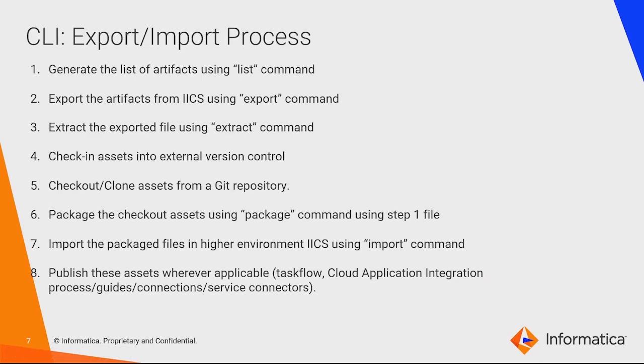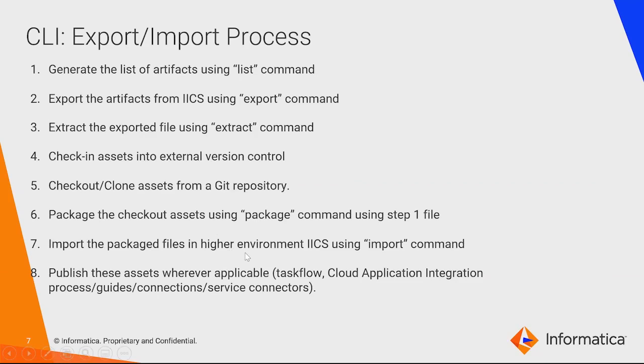Publish is optional; if it's needed, not every asset needs to get published. So let's say from a task flow point of view, if you're using the run a job CLI, then you may need to do publishing. For CI, you have to publish all these processes, connections and guides, everything. So that's about the publishing portion of it.